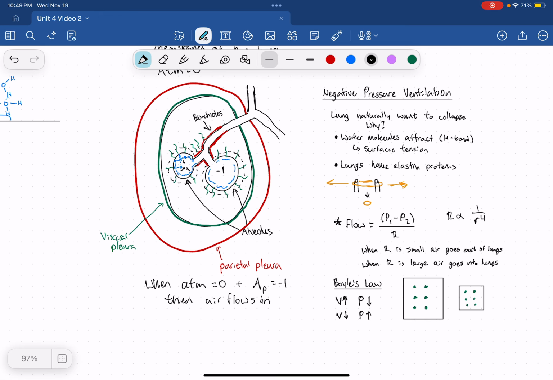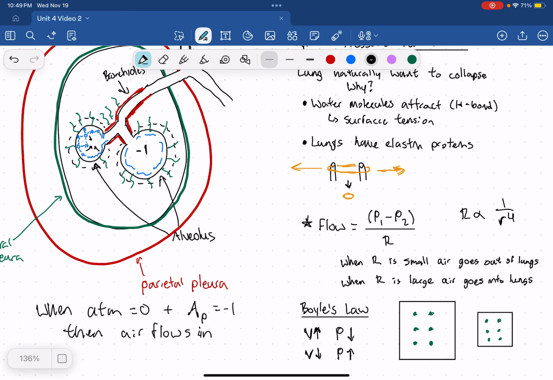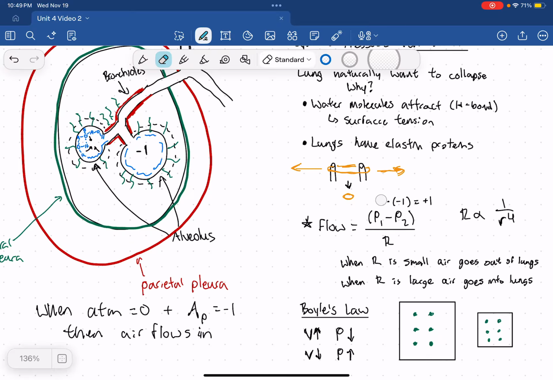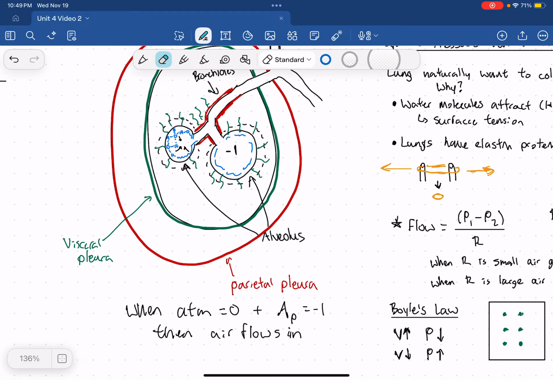We have a positive flow in that case because if we subtract the alveolar pressure of -1 from 0, we get a positive number. That means the flow rate will be in, and so we get air in the lungs.